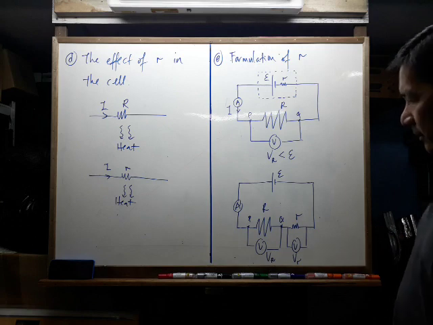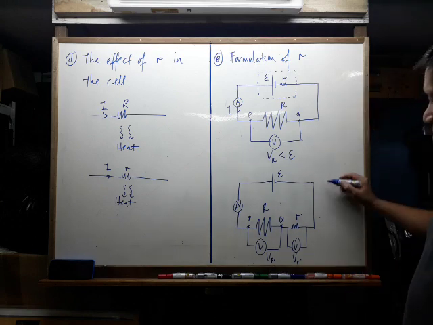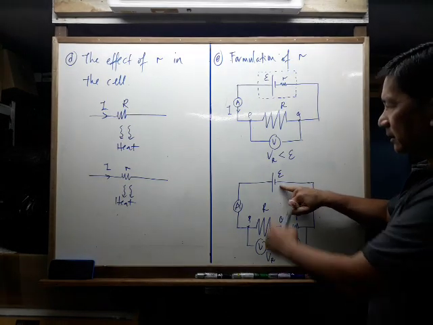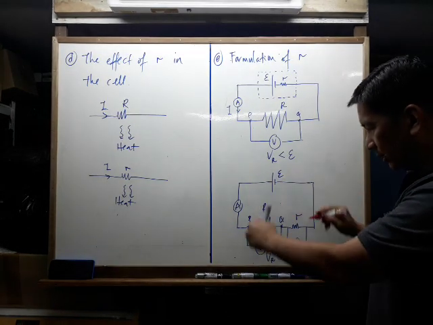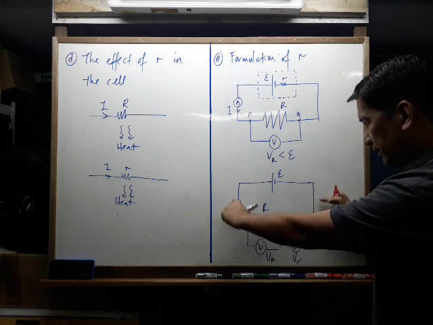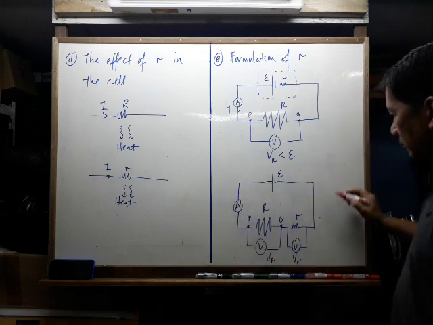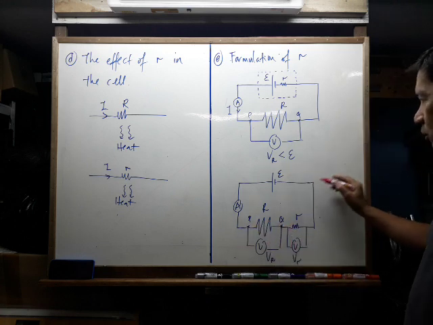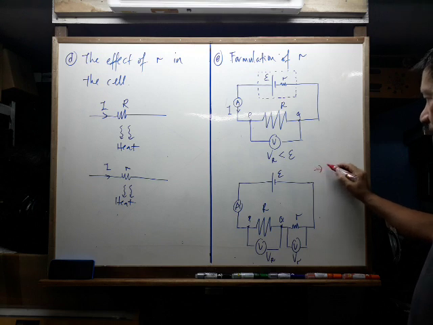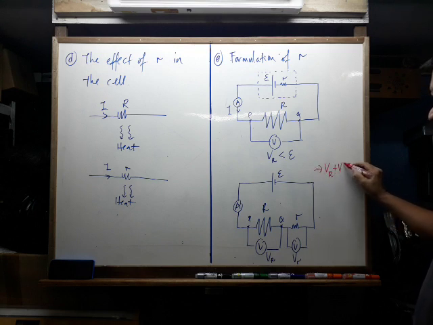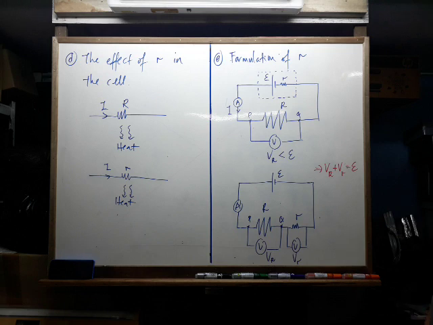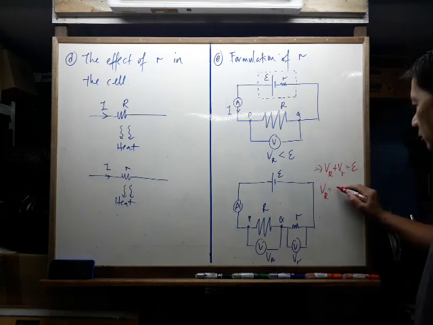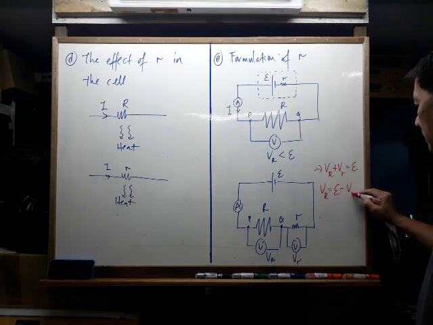Now you can see very clearly in the theory of circuits, we know that because there's no more resistor attached to the battery, these two points are directly connected to the battery. So that means the voltage across here plus this one must equal the EMF. So it should be like this: VR plus V small r must equal epsilon. Okay. So now VR is equal to epsilon minus V small r.